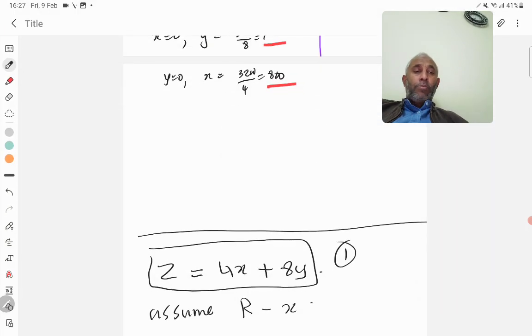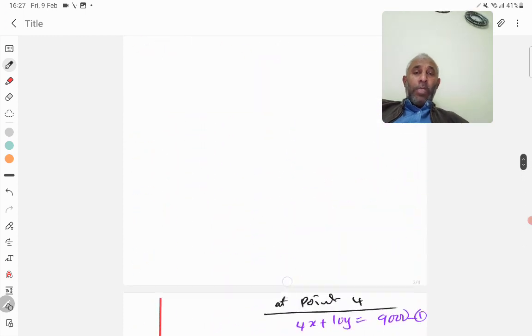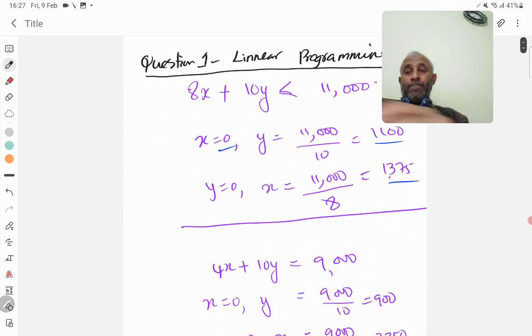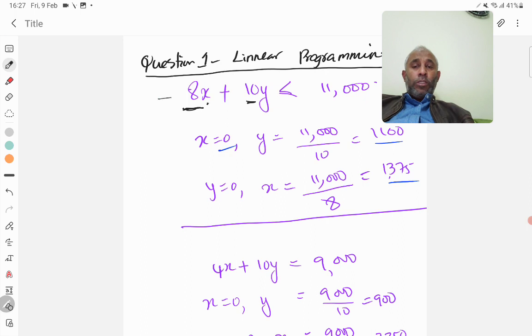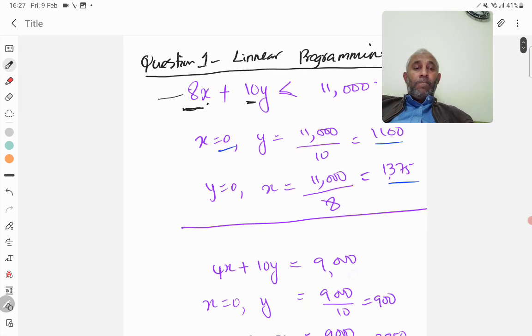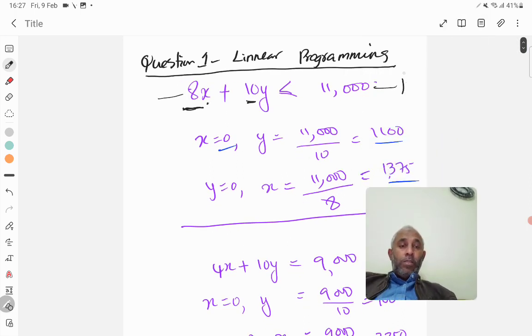I need to make this into an equation. I'm producing x units of R and y units of S, so 8x + 10y ≤ 11,000. This is equation number 1.